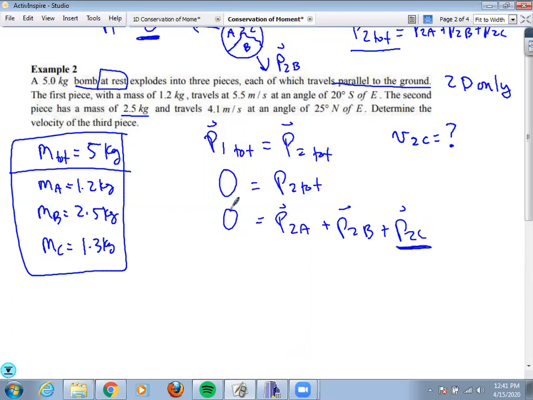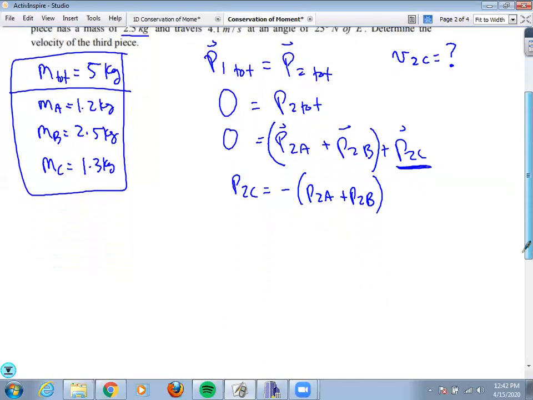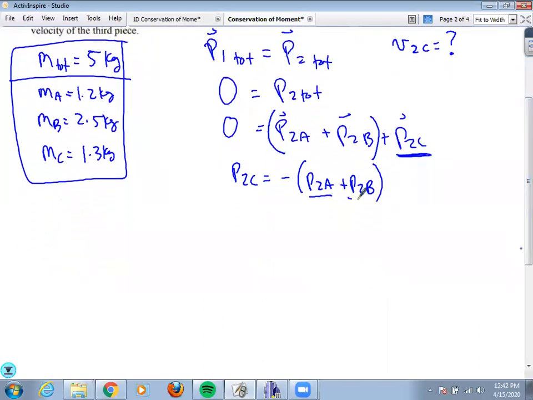So if this is 0, then P2C would equal, we have to move these both to the left. So if we add these up, we'll put a bracket here, it would be negative P2A plus P2B. So a little trick here. All we really need to do then is add these two vectors for momentum A and B, and then take the opposite direction.